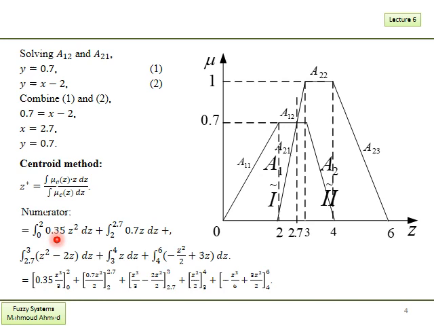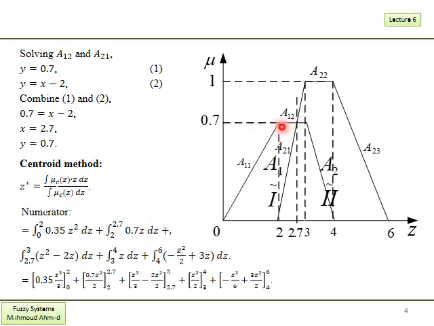So for the first part, we integrate simply this function of a11 with the limits from 0 to 2, and write down the equation of the straight line a11, which is 0.35 z, and we multiply by z, so we get this z square, plus 0.7, which represents the equation of the straight line a12, multiplied by z.